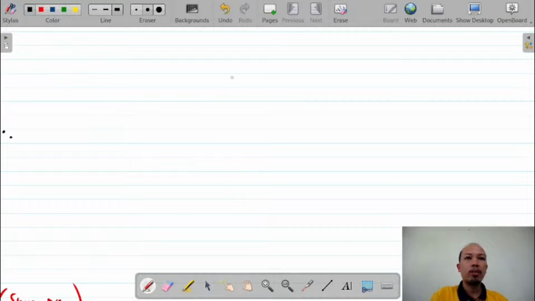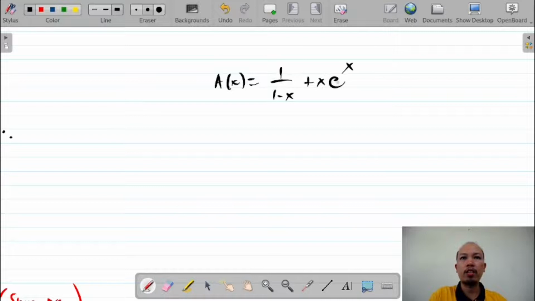We know that a of x is 1 over 1 minus x plus x e to the x. Okay, 1 over 1 minus x, you know that already, this is the geometric power series, x to the n, where n starts from 0 to positive infinity.